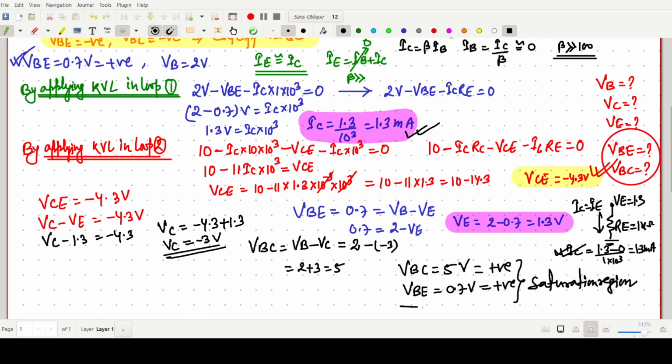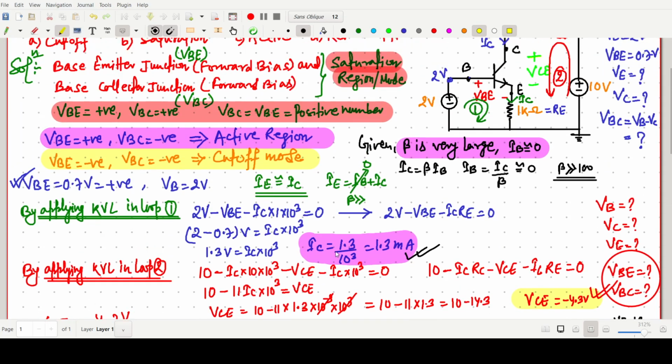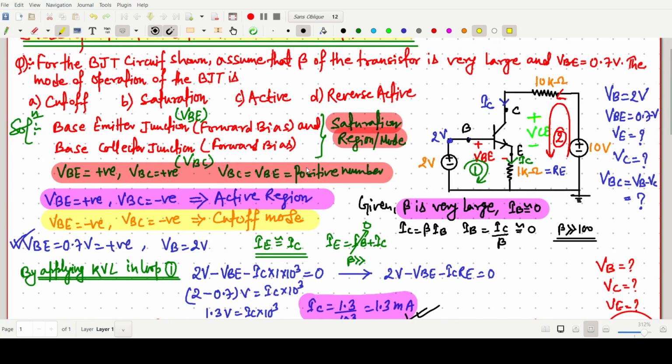This one is the fundamental way to think about how to estimate the transistor operation using simple mathematics, using the concept of network. We have to know that when VBE and VBC are both positive, it is in the saturation region.